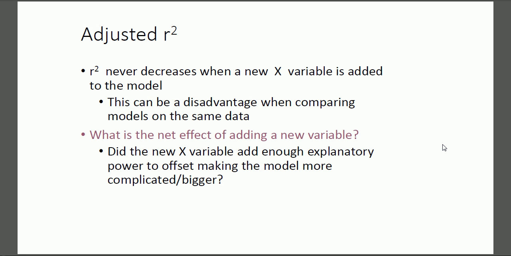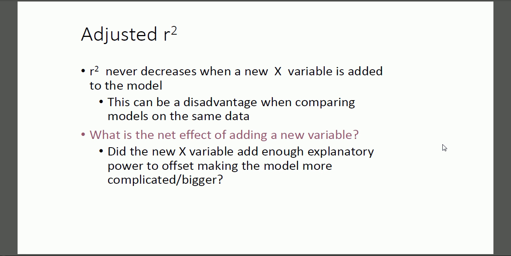Now we get something called adjusted R-square. Adjusted R-square solves that problem that I explained a couple minutes ago. R-square never decreases, as we remember from the previous slides, when we add new x variables. Add another x variable to the model, and R-square will always tell you that things got better, even if it's a little bit.